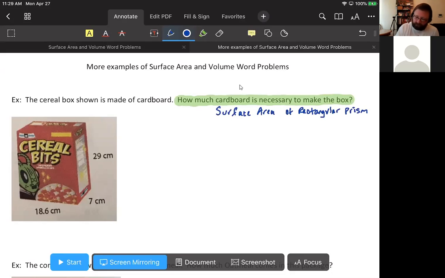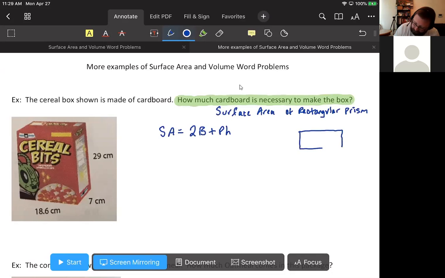Okay, so the surface area of any prism is 2 times the area of the base plus the perimeter of the base times the height. Now again, the joy of rectangular prisms is that it really doesn't matter which face, which surface on that box you decide is going to be the base. The best way to do the base is that it's sitting on the base.